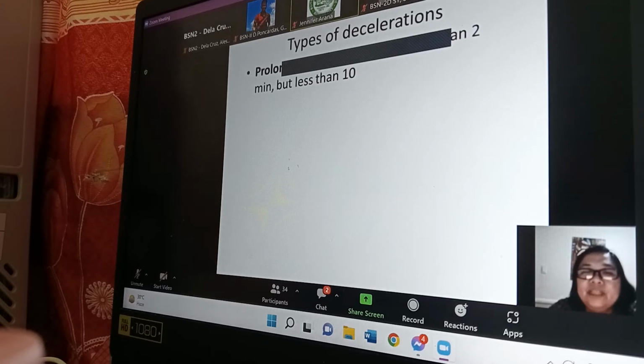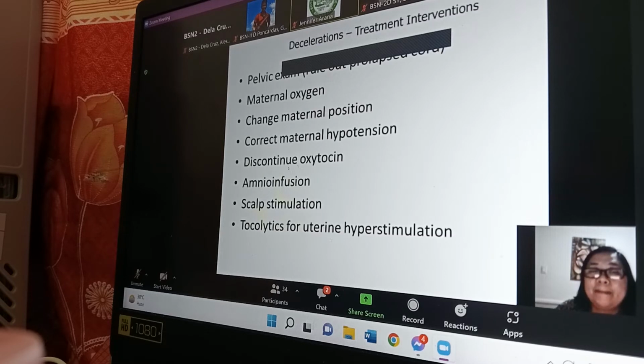Another type of deceleration is prolonged deceleration. This is greater than 2 minutes but less than 10 minutes na deceleration.